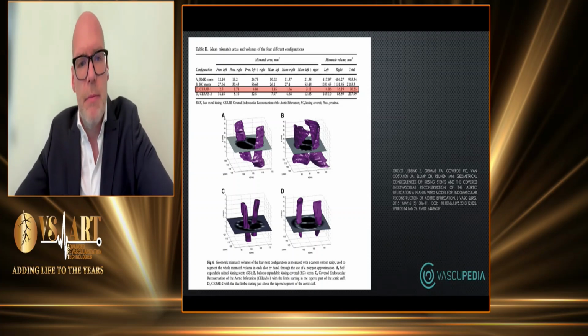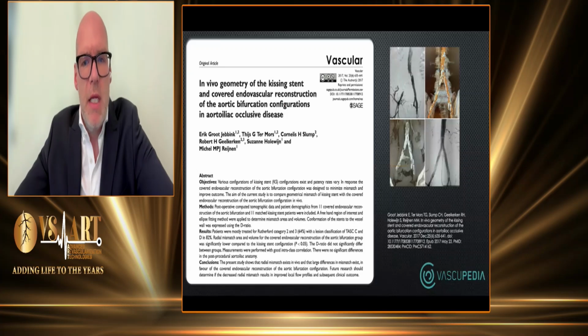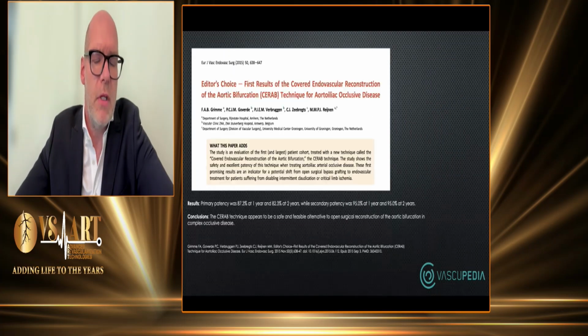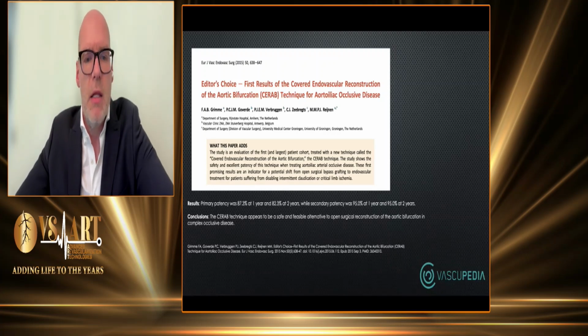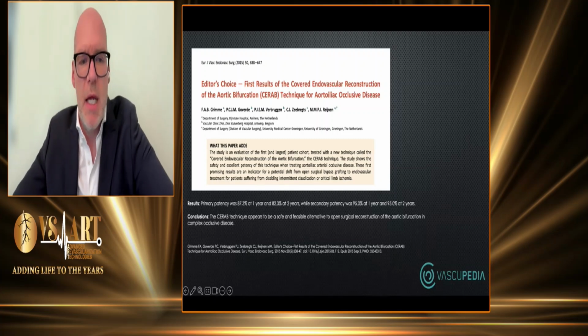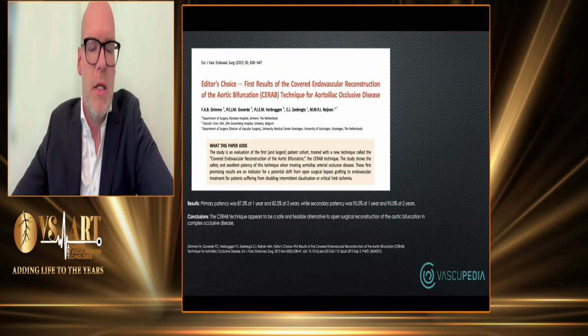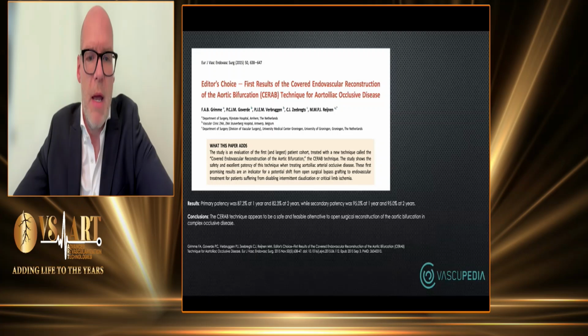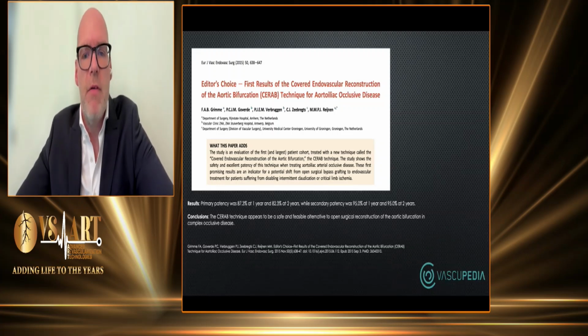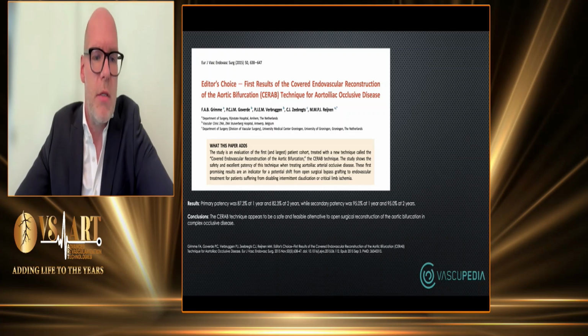We also see that in an in vivo geometry, kissing stent versus the normal CERAB system. The long-term results, the first final results from Peter Goverde, showed a primary patency of up to 90% at 1 year and 82% at 2 years, and a primary assisted and secondary patency of 95% at 1 year and also at 2 years.